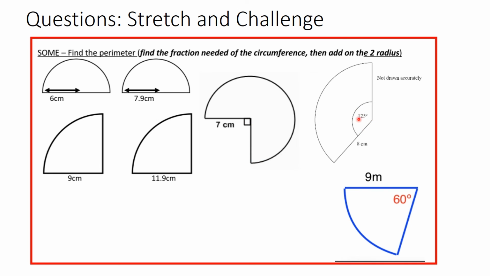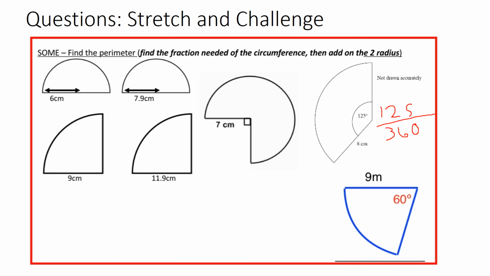Now these ones here, these are really high level, because on these ones we've got more difficult fractions that we're working with. Now we know that the degrees in a full circle is 360. So what you've got here is 125 out of 360 degrees of a circle.